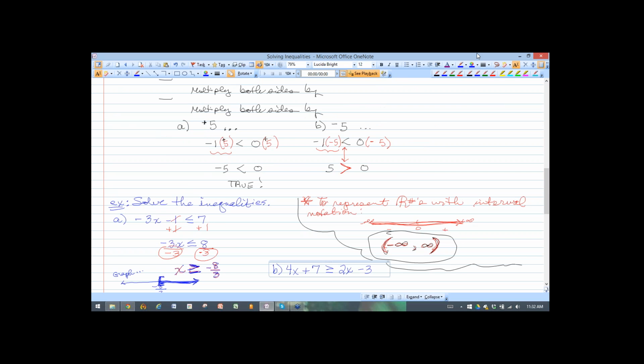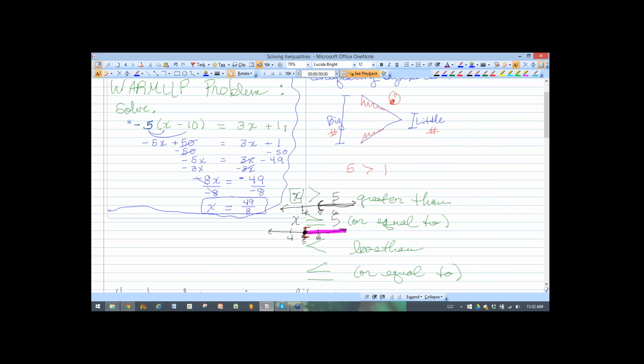Now, just like the warm-up problem when we started today, from the second set on, this would be similar solving from here on. You can tell I just used my mouse to do that instead of my pen. Sorry. This step has the x and the constant on both sides.